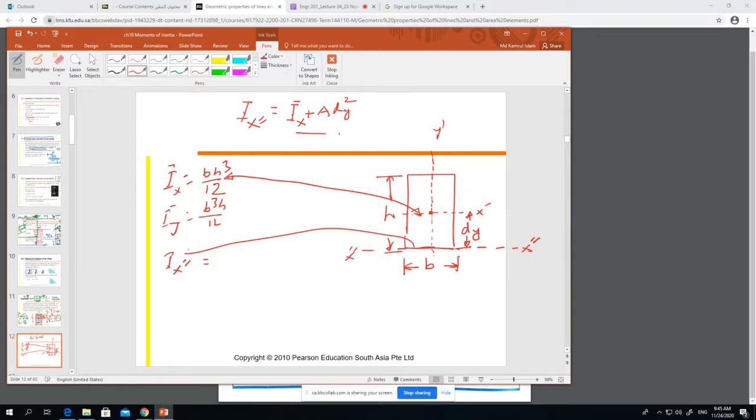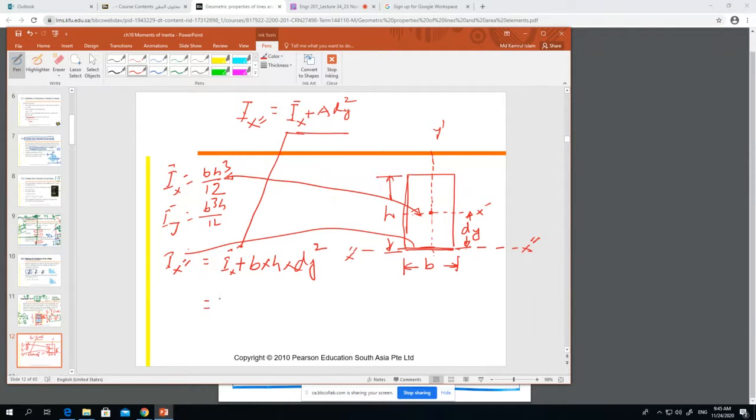As per the formula, we write Ix bar plus A D square. What is the area? Area is equal to B into H, right? B is here and H is here. B into dy square.